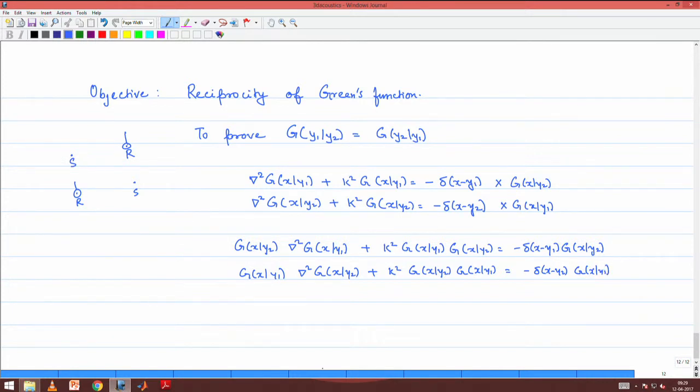And then we will subtract these two equations, and as a result the second term will cancel out because they are identical.